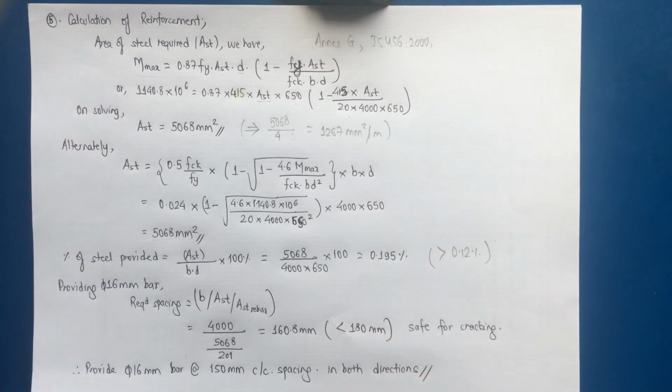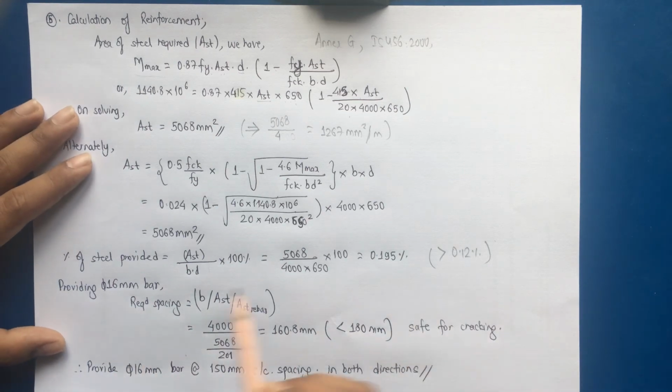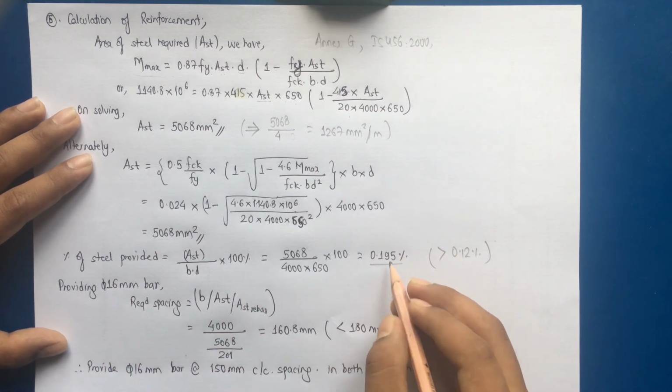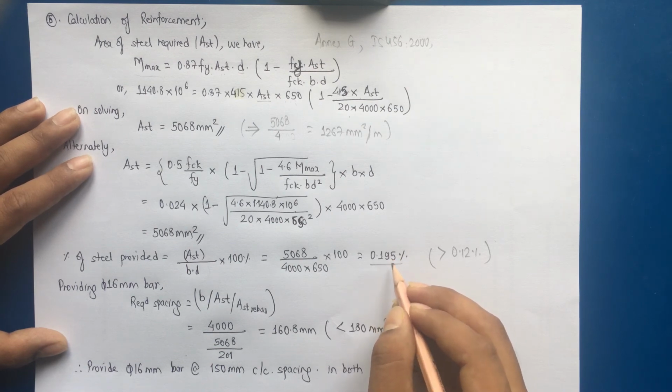According to the code, we have to provide at least or minimum 0.12% of the gross area of the section. So it is okay, and we have to make sure that it should be sufficient considering the one-way shear as well.